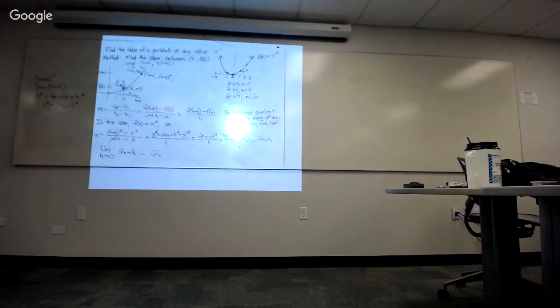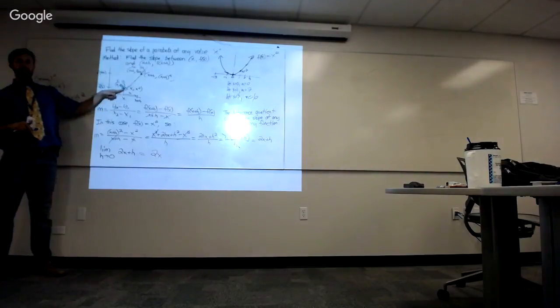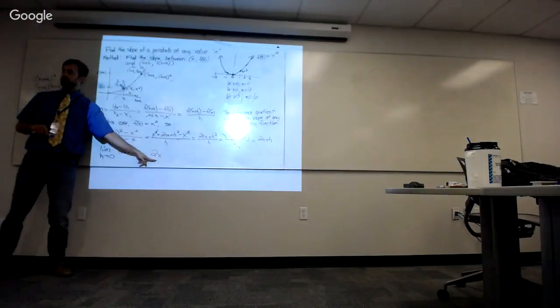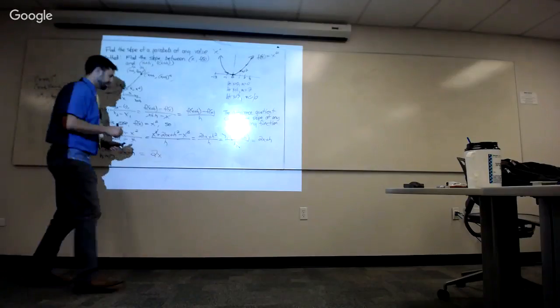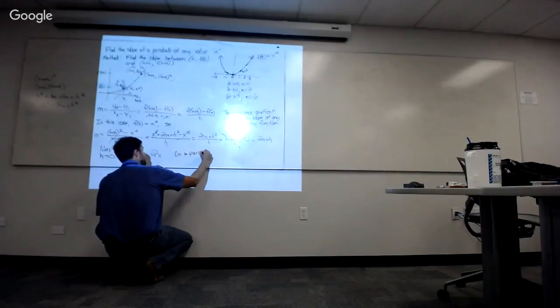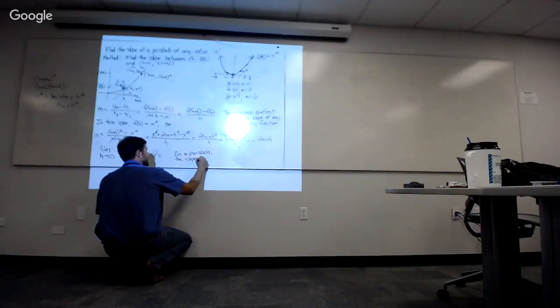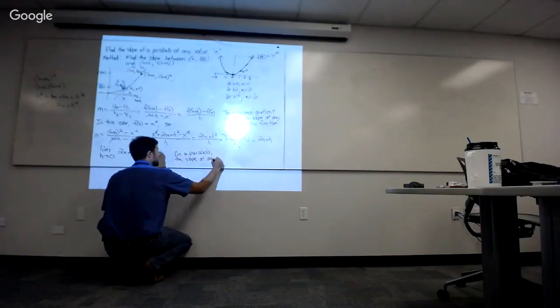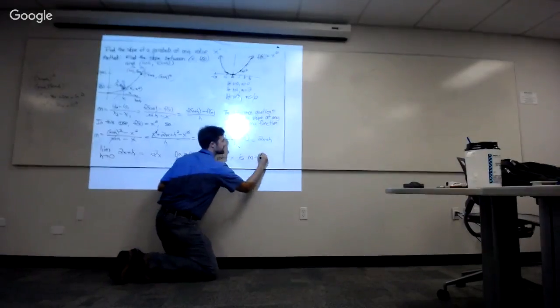And so now what we can say for sure is, at any point on the parabola, the slope at a given point x is simply 2x. That's the slope. And I'm going to write it in a sentence. On a parabola, the slope at any point x is m equals 2x.